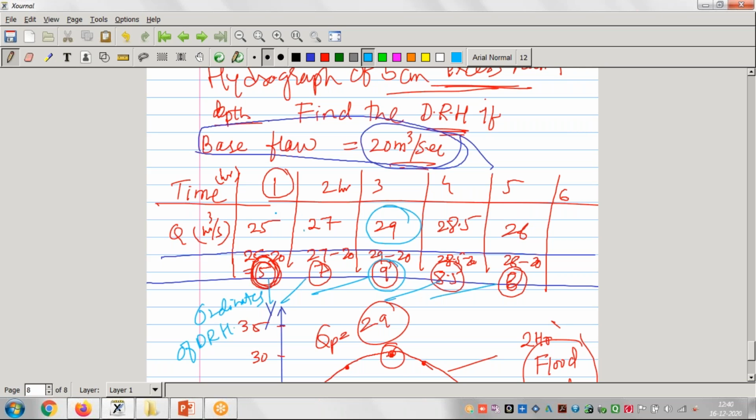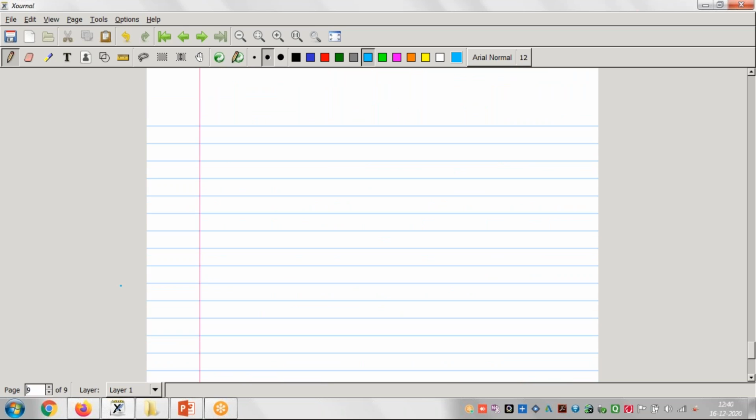And these are the ordinates of the flood hydrograph, and time also, right? Time means 1 hour, 2 hour, 3 hours. So these are our ordinates. I hope that this is clear to you now.